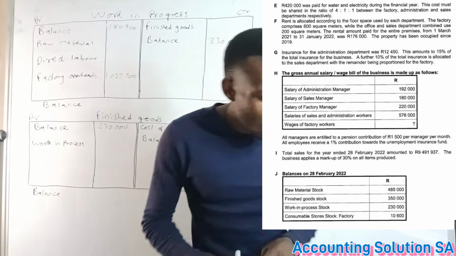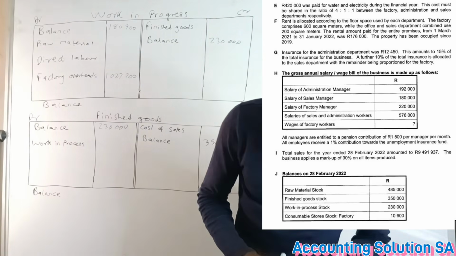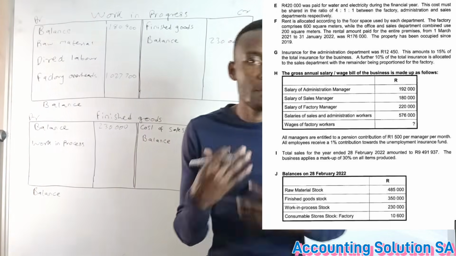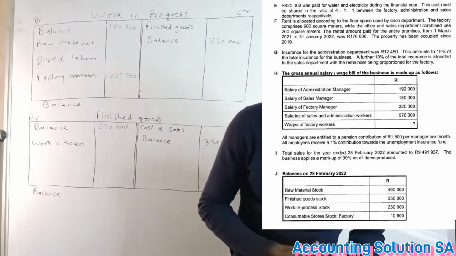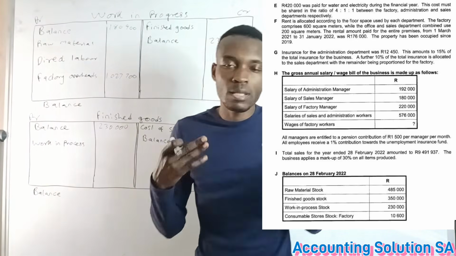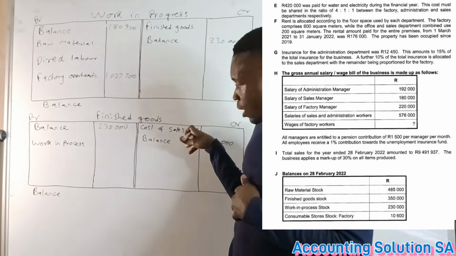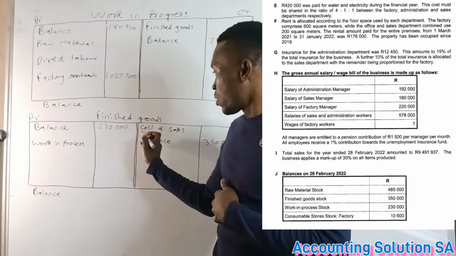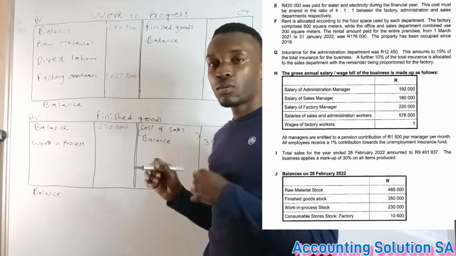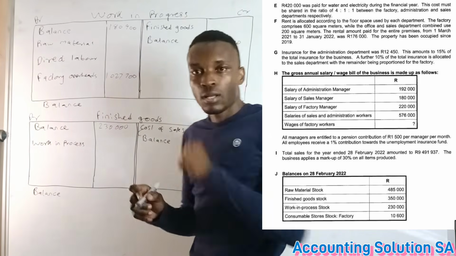So remember, guys, on transaction number I, they said that the total sales for the year ended 28 February 2022 amounted to 9,491,337, and they said the business applies a markup of 30% on all items produced, which means that in this case we are able to calculate our cost of sales. All right, let's do this. I will tell you the reason why we are starting with this account.